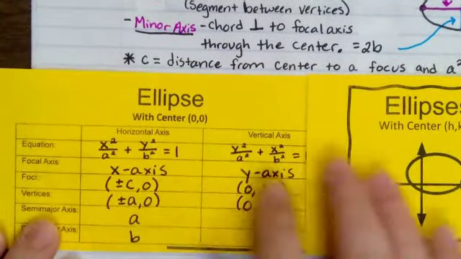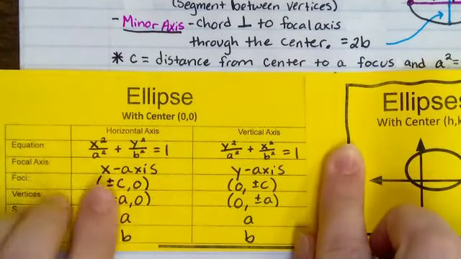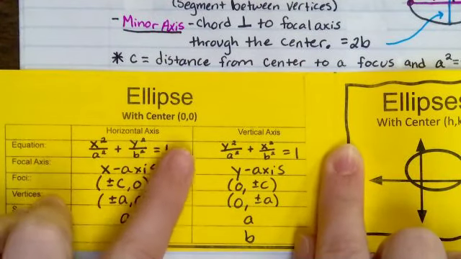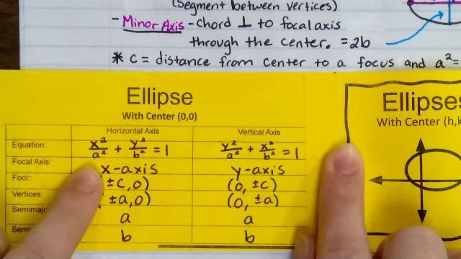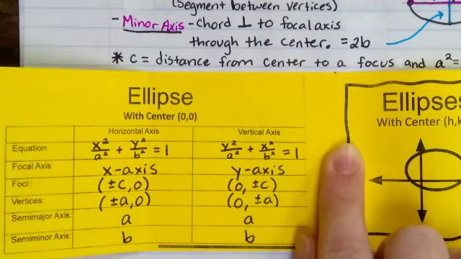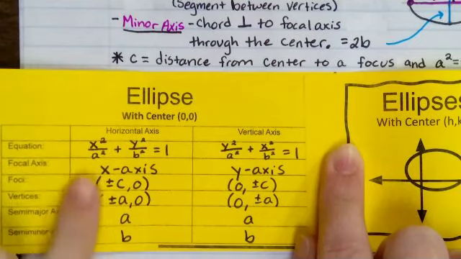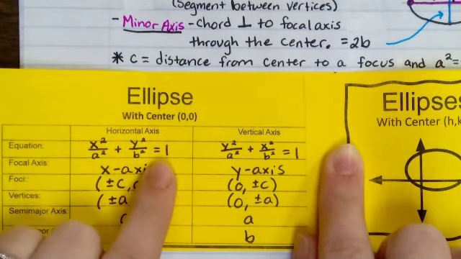I know that sounds a little weird, but the way that the ellipse works is you're going to have these more fractional relationships, where if our center is at 0, 0, we don't have to worry about the h and the k business, but you are going to see that the x squared and the y squared, we're going to be dividing them by an a squared and a b squared. In doing that, it elongates along one axis and shortens along another.